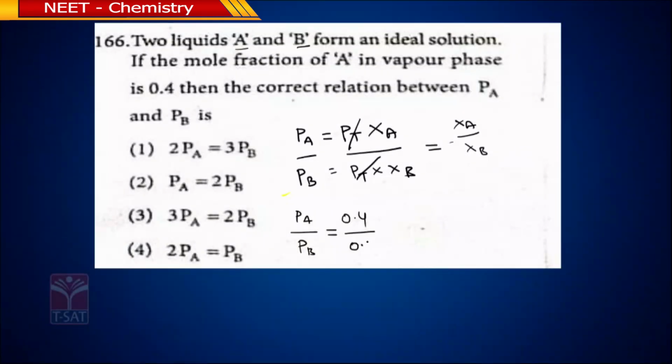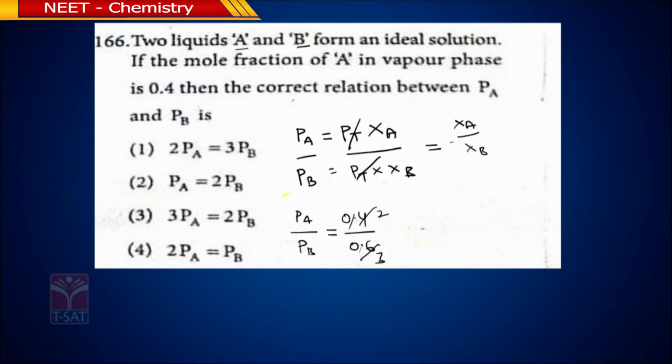So if A is 0.4, B will be 0.6. Cancelling the 0.0s, we write 2 and 3, so PA by PB is equal to 2 by 3.